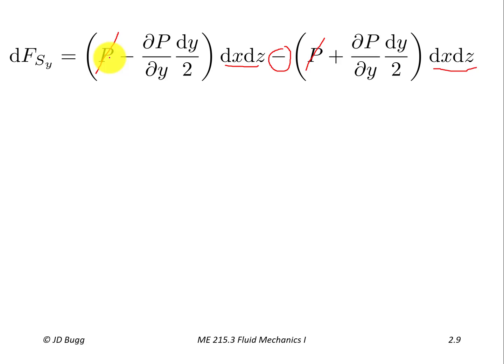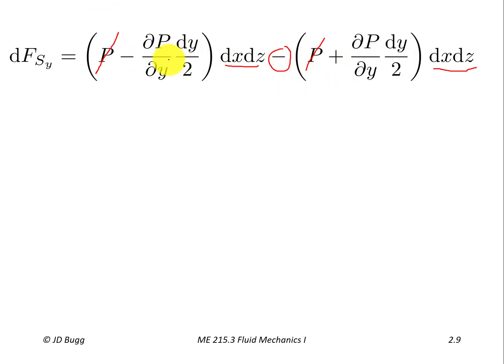This tells us something very important about these pressure forces: the pressure in the fluid actually doesn't matter. That does not determine what the net force is in the fluid. It's the pressure gradient, how the pressure is changing from one place to another, that is important, not the pressure itself. And that shows up mathematically here by those two p's canceling each other out.